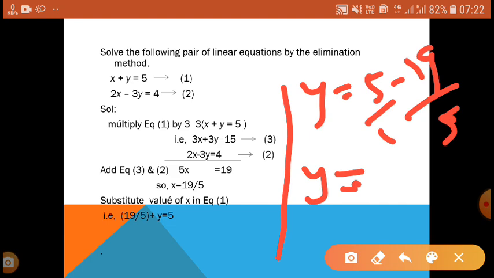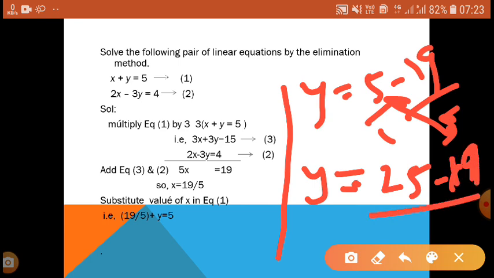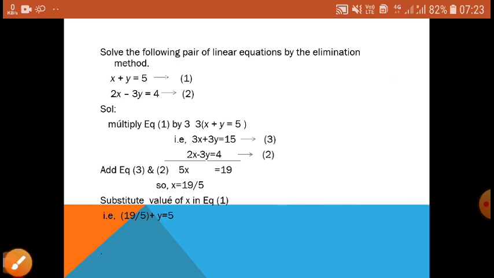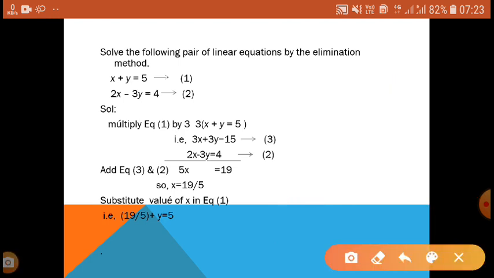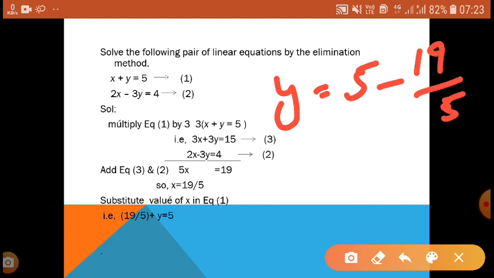If we go for cross multiplication, 5 into 5, this 5 has to multiply with 5, so we get 25 minus 19, divided by 1 into 5, which becomes 5. Let me write clearly. y equal to 5 minus 19 by 5.